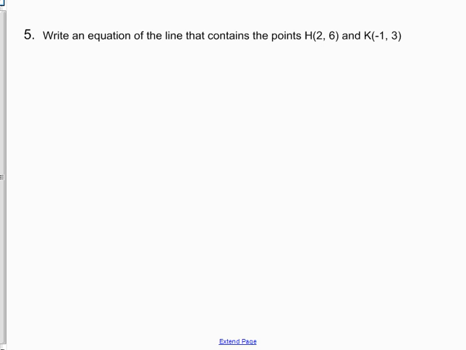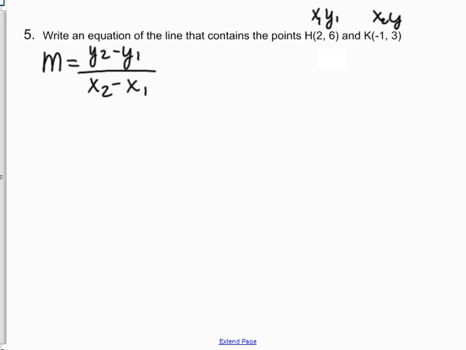All right, number 5. This is doing the same thing that we just did above that. So we're going to find out what slope is by taking y2 minus y1 over x2 minus x1. All right. x1, y1, x2, y2.